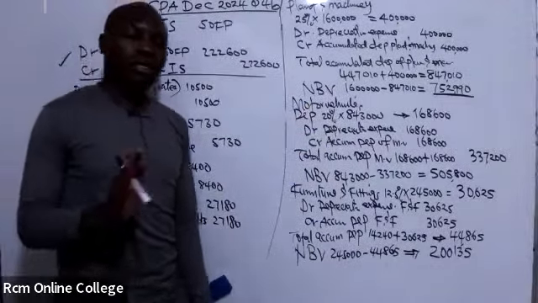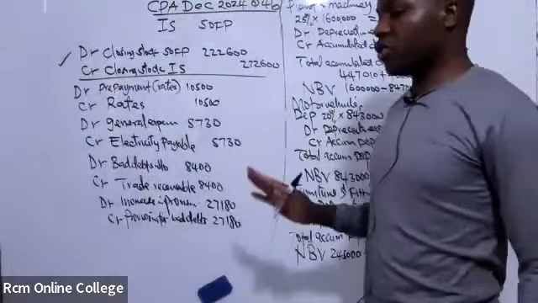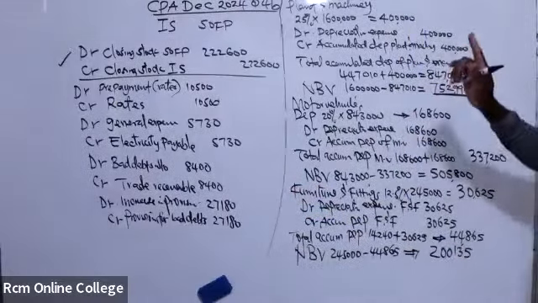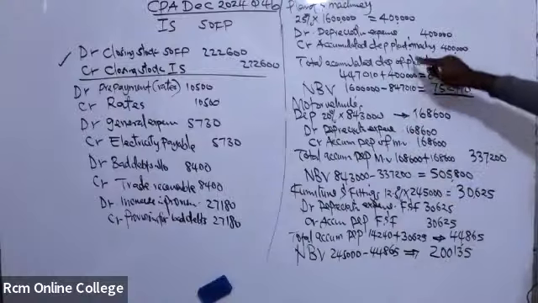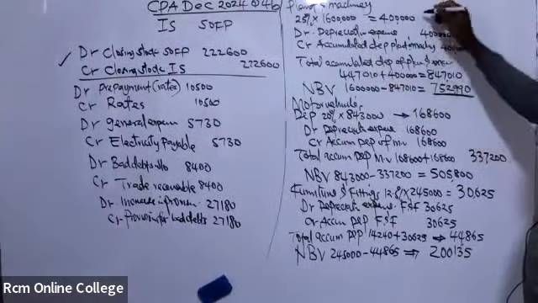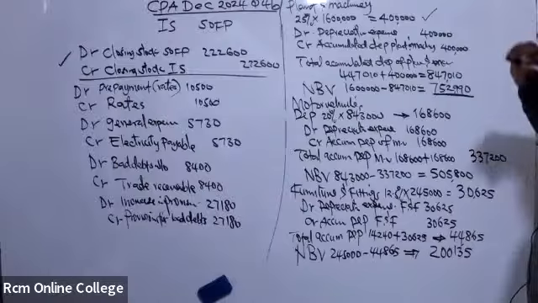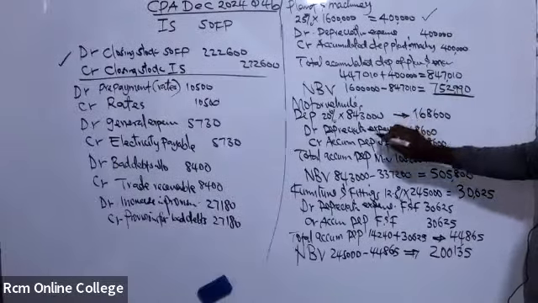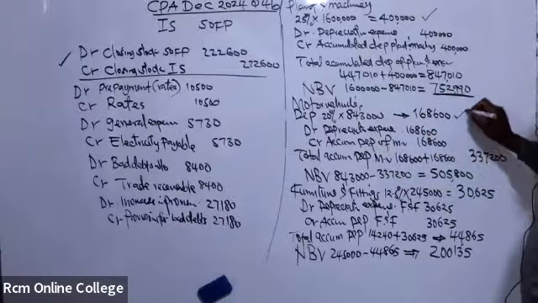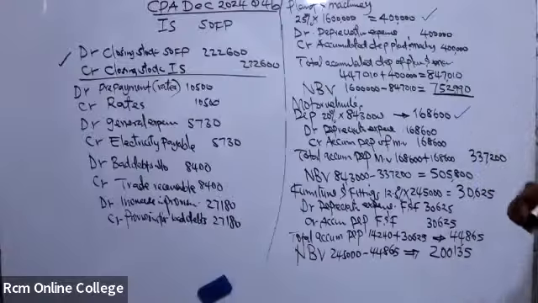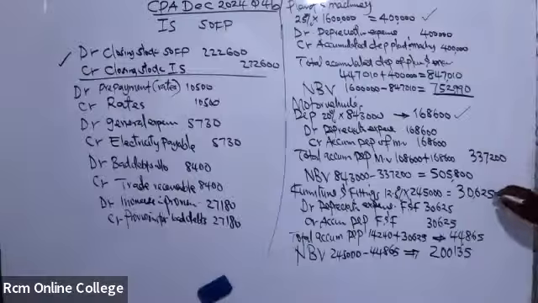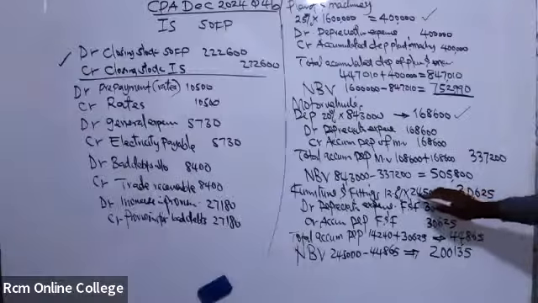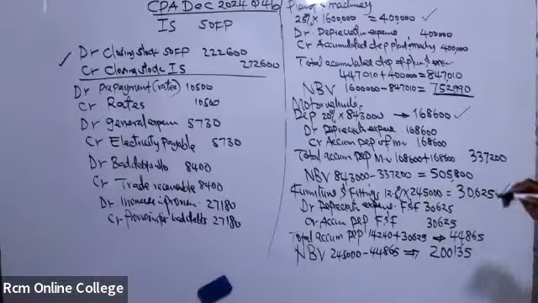So the income statement items are these depreciation expenses. I hope you've been able to factor them in. I'll be requesting you to give me these figures. For depreciation expense, I'll be requesting you to give me 400 for plant and equipment, 168,600 for motor vehicle, and 30,625 for furniture.